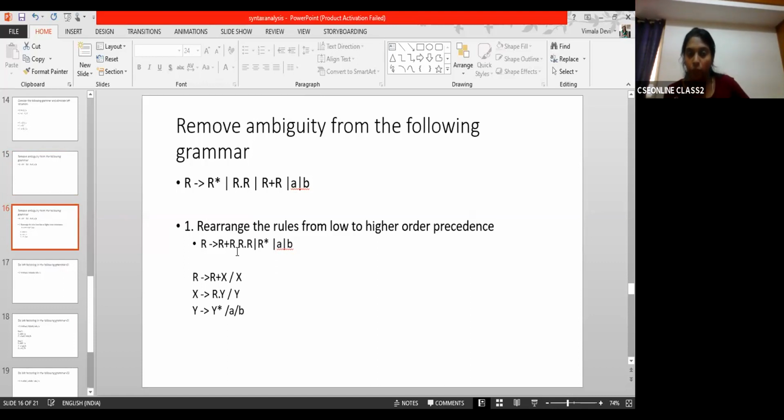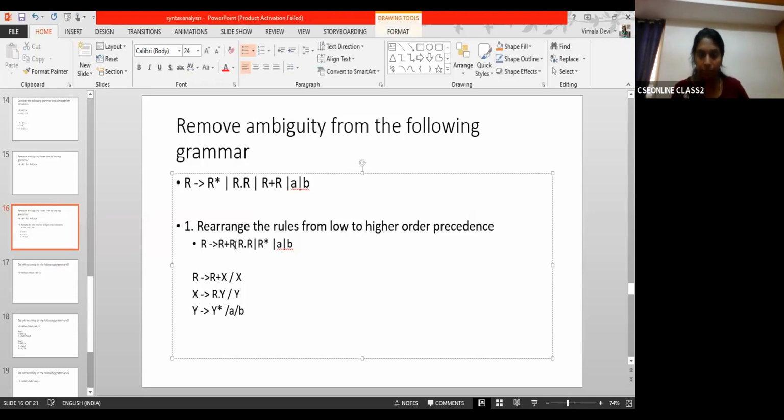When we construct a parse tree for the given string, the lower precedence operator should be close to the root of the parse tree, whereas the higher precedence operator should be away from the root of the parse tree. So keeping this point in mind, here also we have arranged the rules as per the order of precedence. See, first I have written R plus R, then R dot R, then finally comes R star, then A, then B.